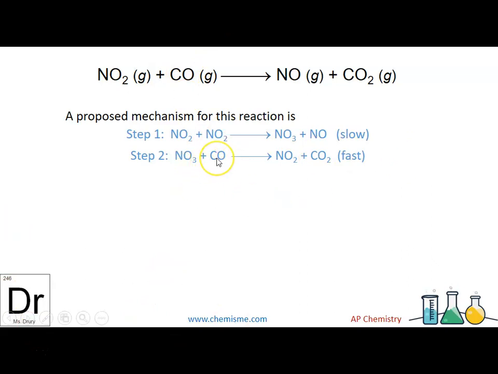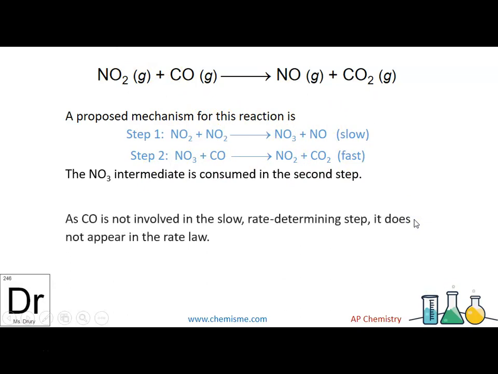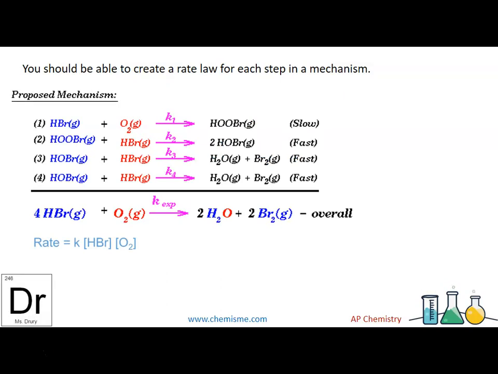And that's why CO did not affect the rate, because it was really quick, like within milliseconds. And that formed the products we saw here, including CO2. Because if you combine these two, the NO3 will cancel out, and you'll get the reaction we had before. So NO3 is an intermediate, produced and then consumed. As CO is not involved in the slow rate determining step, it did not appear in the rate law.